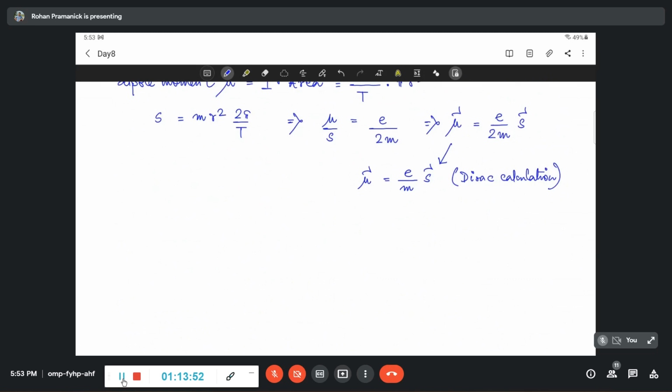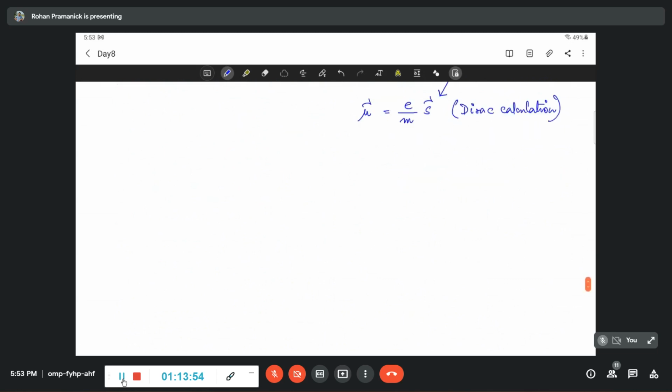Okay, so what is this Hamiltonian? This Hamiltonian we started with H. Now I associate this H as SO, spin orbit.